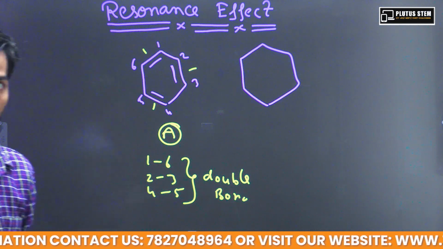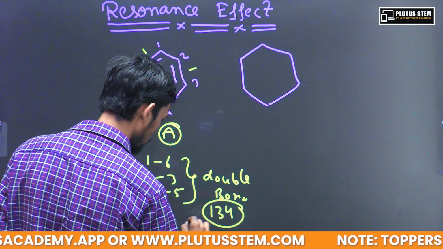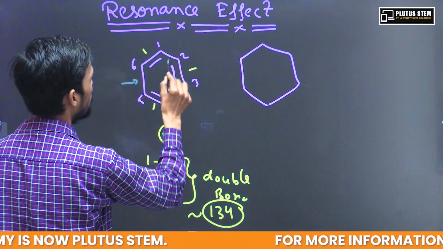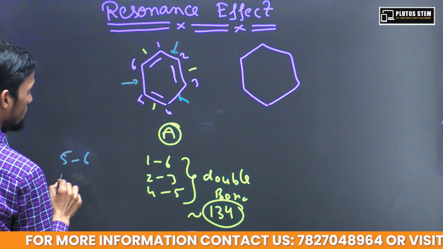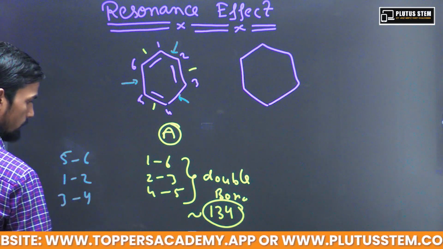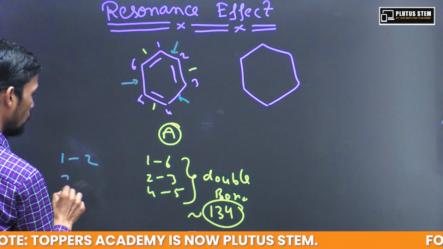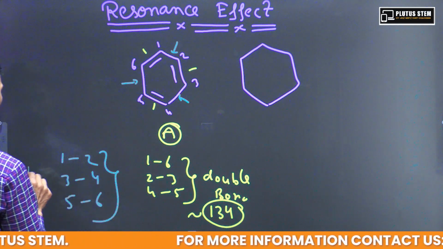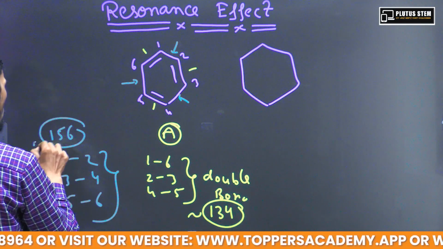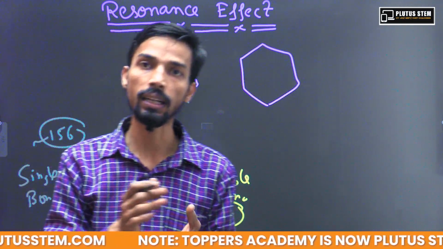And we know the bond length of this double bond is nearly 134 or 136 pm. The rest of the bonds are single bonds, and we expect that they must have a bond length of about 156 pm. So we assume that in this molecule we have two different types of bond length.